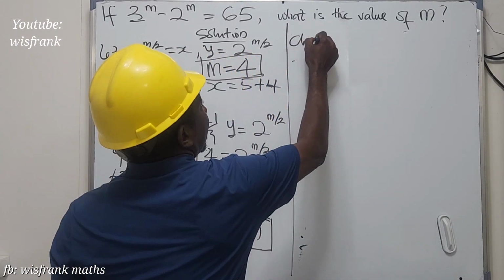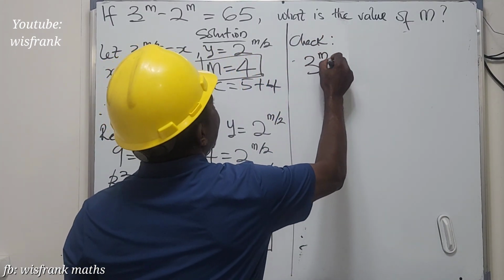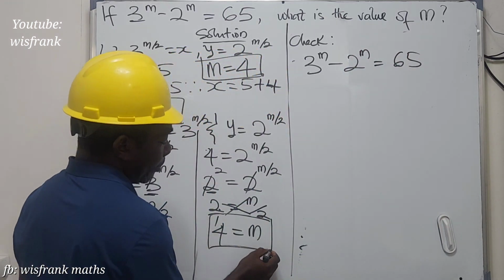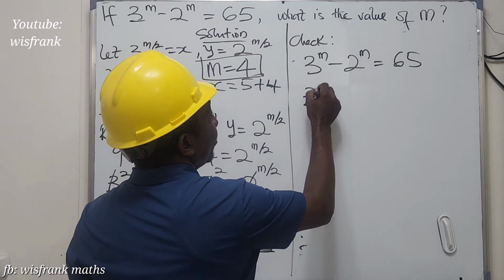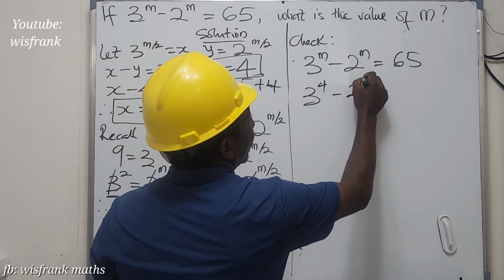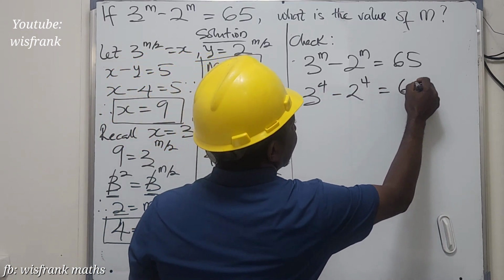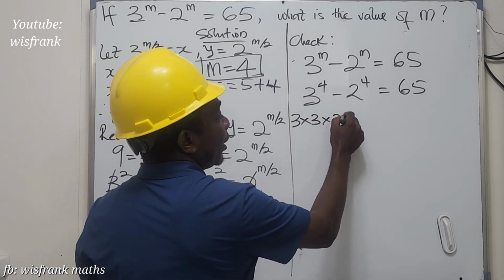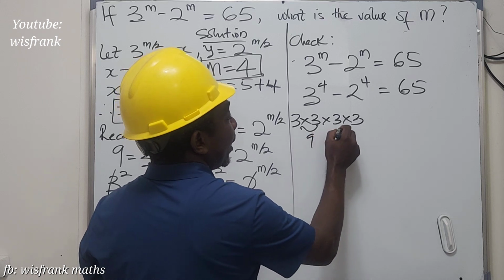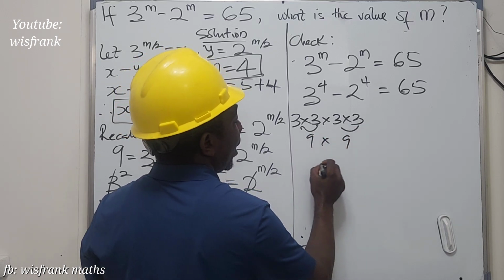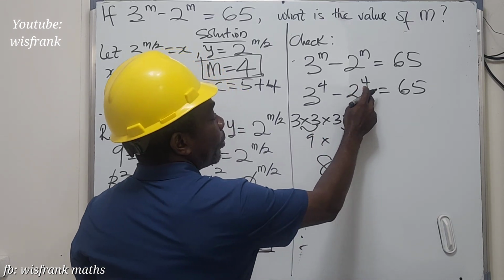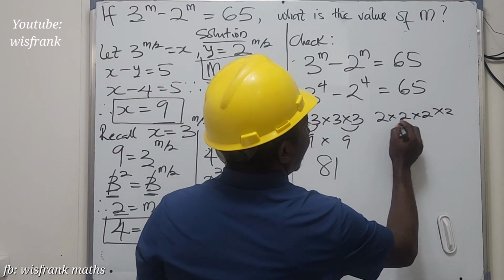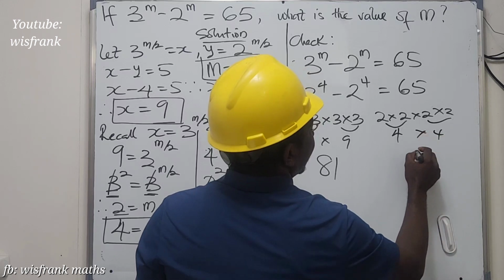When m equals 4, 3 to the power of 4 minus 2 to the power of 4 should equal 65. 3 to the power of 4 is 3 times 3 times 3 times 3. This is 9 and this is 9, so we have 81. 2 to the power of 4 is 2 times 2 times 2 times 2, so we have 4 times 4, which equals 16.